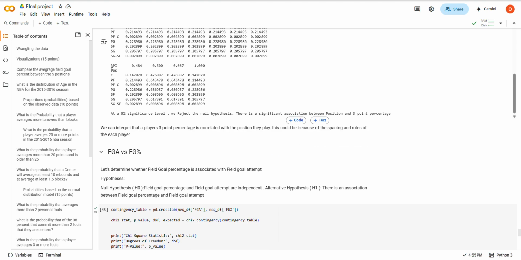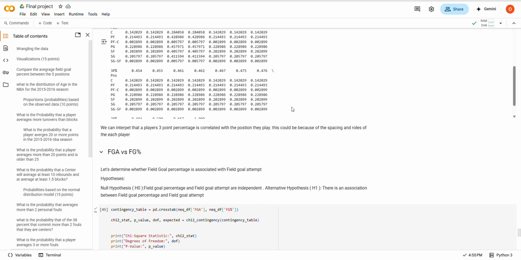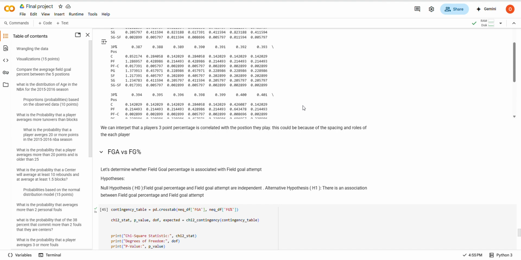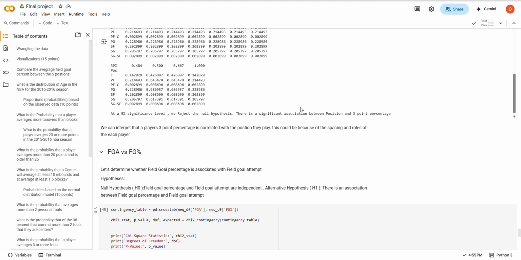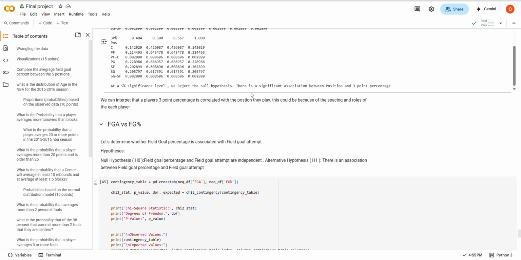After running it, we concluded that we reject the null hypothesis, and the results suggested that there is a correlation between the position of a player and their three-point percentage, and this could be due to the spacing and the roles of each player on a team.